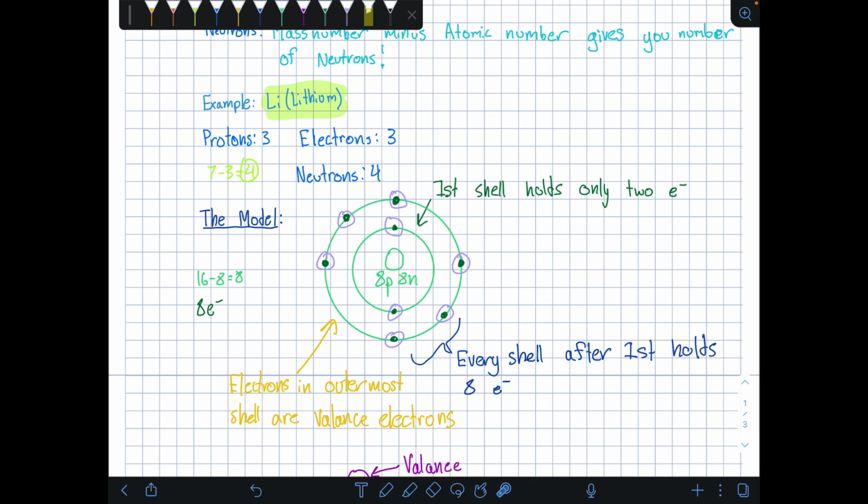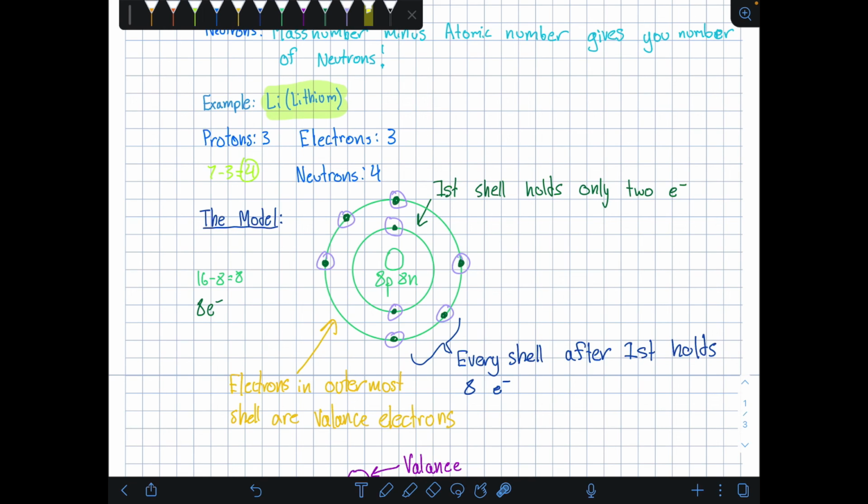Okay, so back to the Bohr model. Here is our first shell, which can fit only two electrons, and then our next shell can fit up to 8. There can be many shells after that for bigger elements, and those all fit 8.